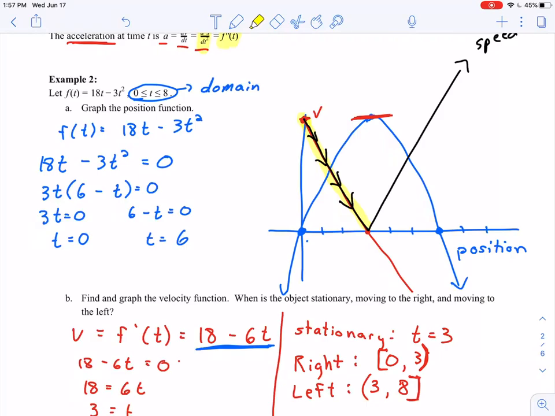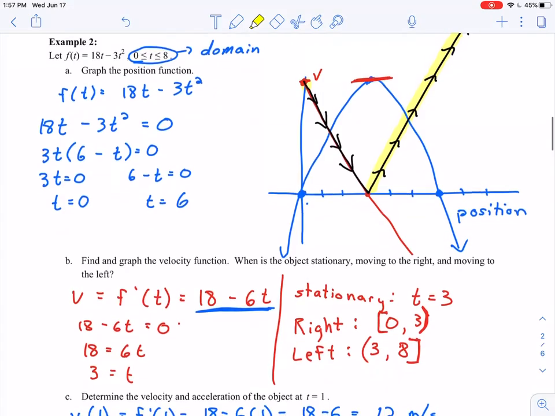So my object is actually slowing down. That's not what I want. But then if we continue on with this graph, keep tracing this black line, after that, my speed is going up. In other words, my speed is increasing, which is exactly what I was looking for.